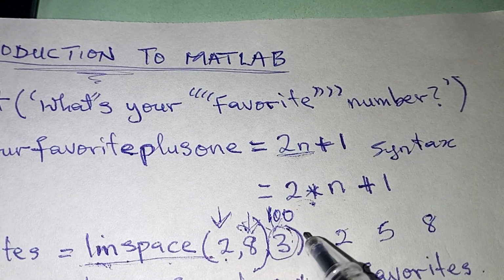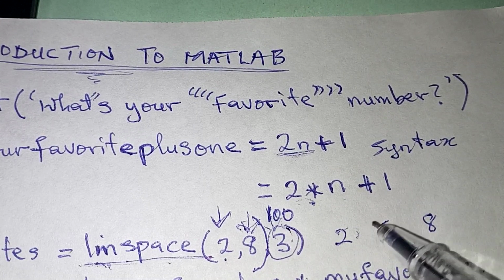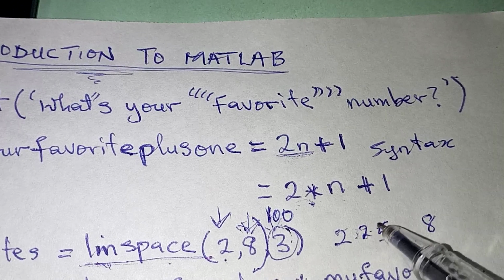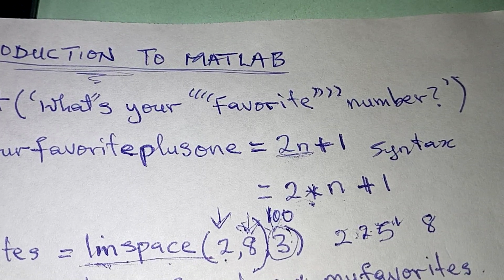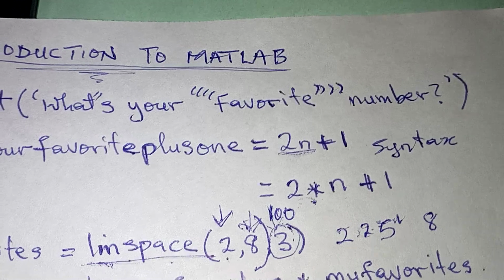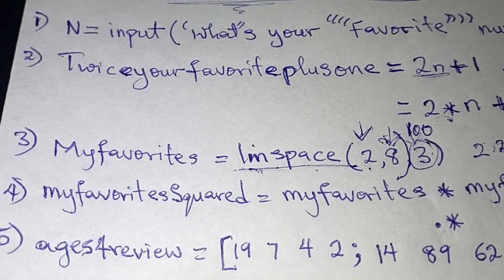You won't see the 100 there though, but you see something like 2, then 2.00001. It will keep breaking it up 100 times before it gets to 8. So that is just what linspace is. So this one has no issue or error.